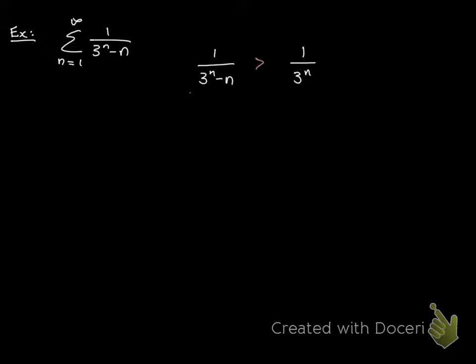This time, however, my inequality goes the other way because 3 to the n minus n is smaller than 3 to the n. So a smaller denominator means I have a larger fraction. This time, I have a smaller convergent series. I'm just going to rewrite my inequality here. 1 over 3 to the n is actually smaller than 1 over 3 to the n minus n.